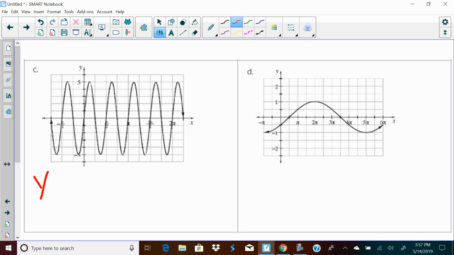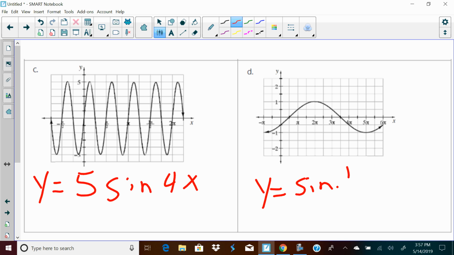C is y equals 5, it's got an amplitude of 5, sine 4x, because of how close the periods are. And this one is y equals sine of 1/3 x minus pi over 3.